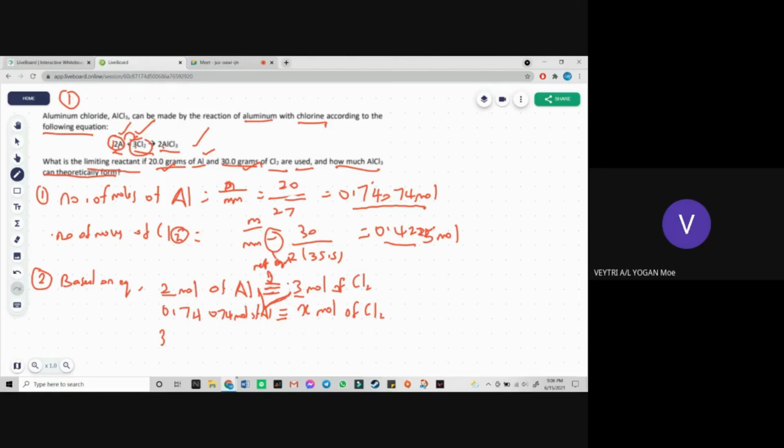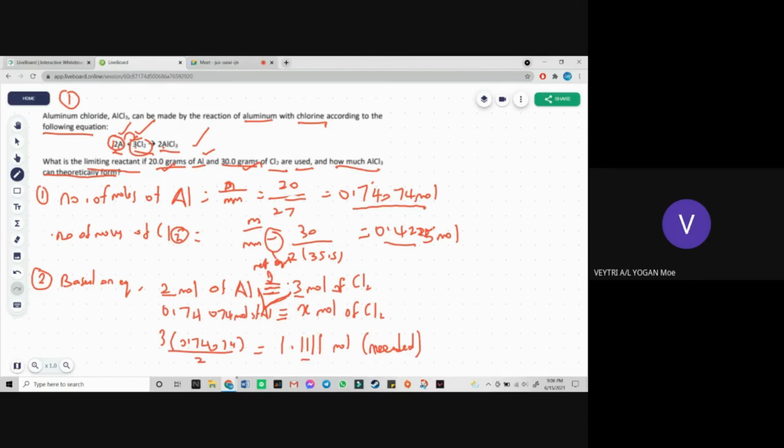So 3 times 0.74074 divided by 2, your X will be 1.1111 mole. This is the amount needed.